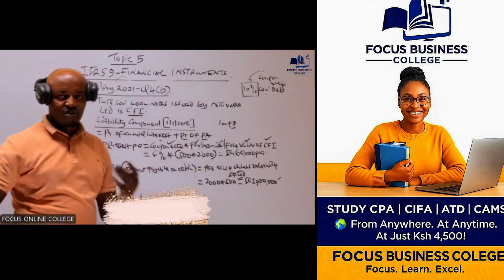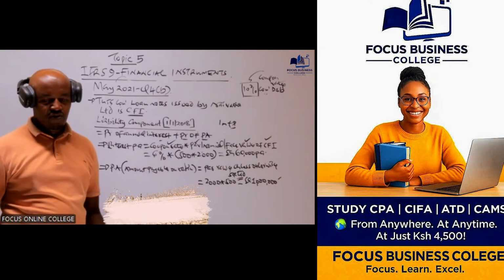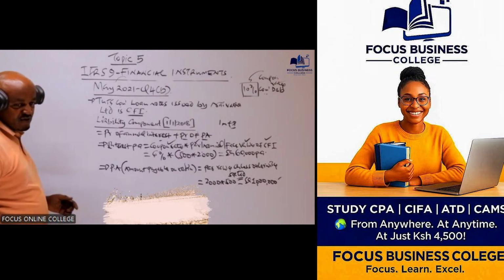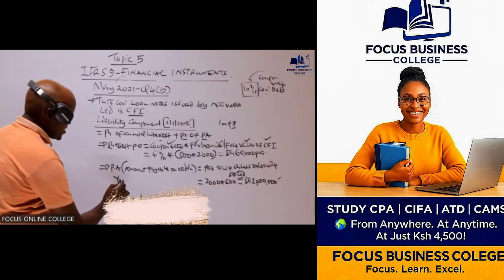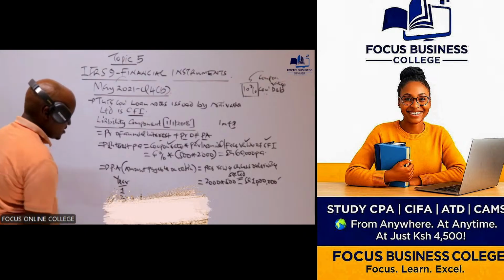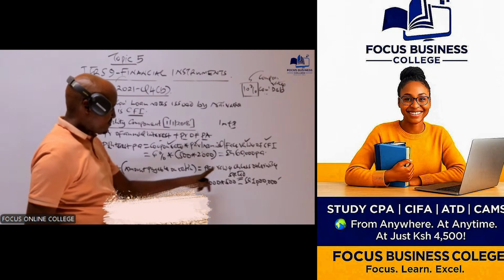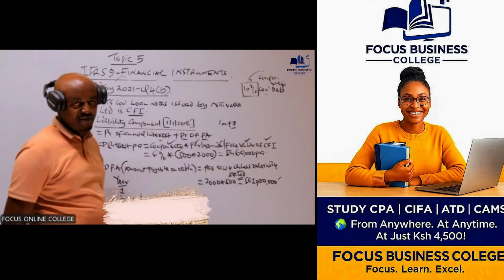So what we need to do now, because we have the annual interest and the principal amount, is just discount them. There are a number of approaches we can use to discount this. Let me use an easier one, whereby we are going to have year 1, year 2, year 3. Because we know that in year 1, year 2, year 3, the company will pay this, and also at the end of year 3, the company will pay $1 million.